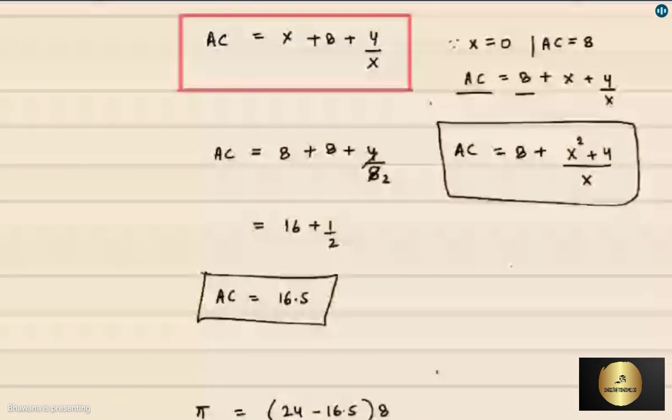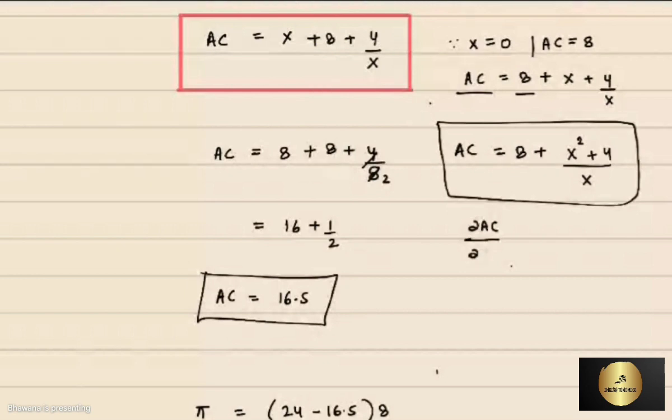But the slope of the average cost curve is different from the marginal cost curve. When you take the slope, then you will get 1 minus 4 by x square. This will be the slope.